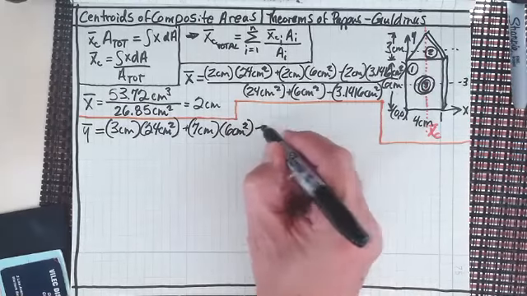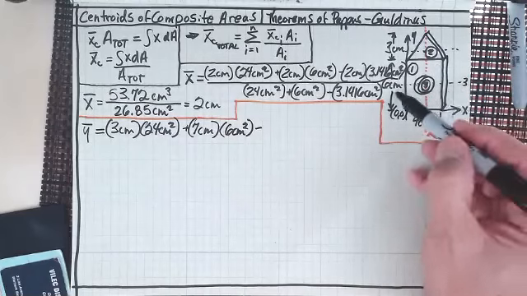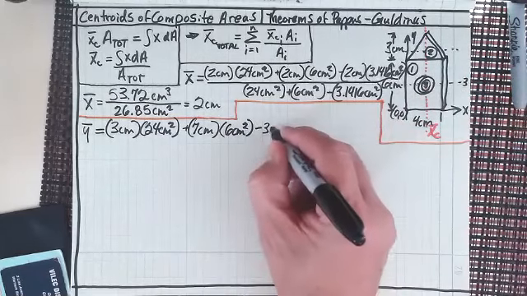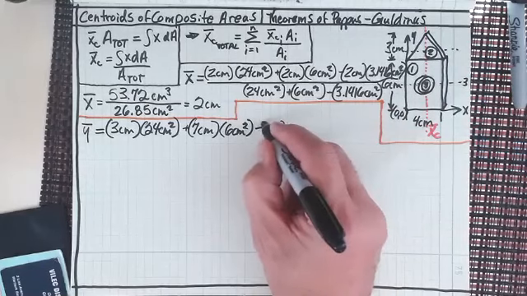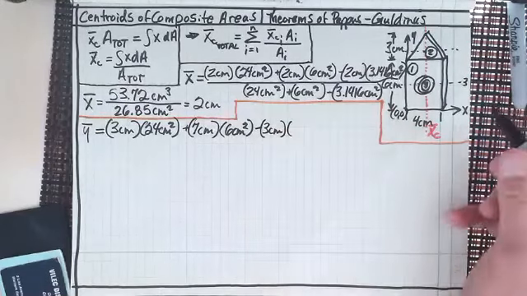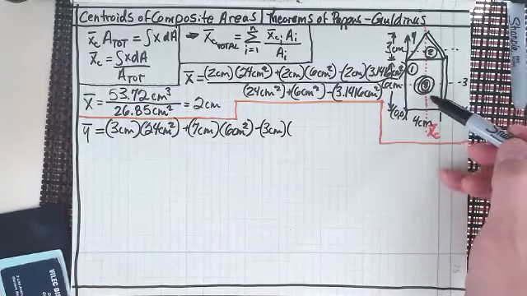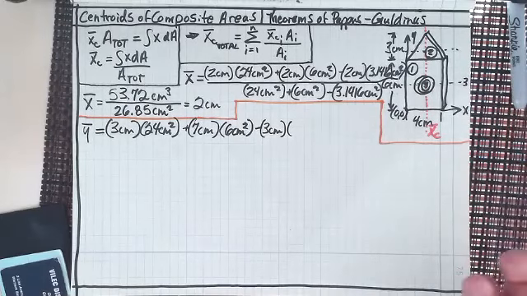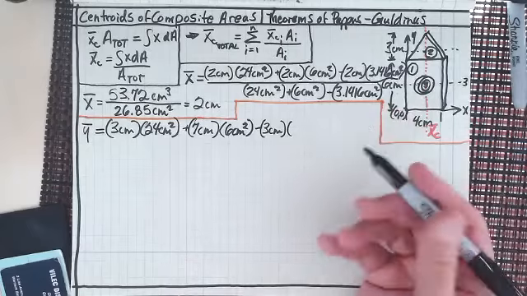And then we want to subtract off the one here. And of course, that's at 3 centimeters, right? And then what is the area of that circle? Well, the radius is 1. So 1 times pi r squared. R squared is 1 squared, and then 3.14.